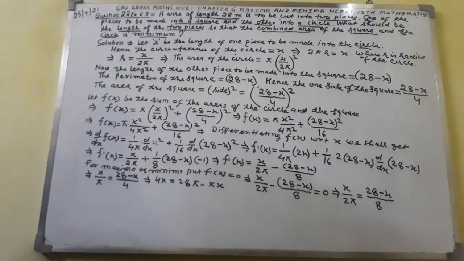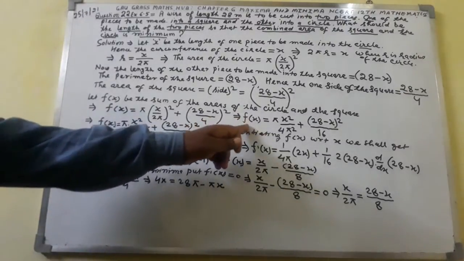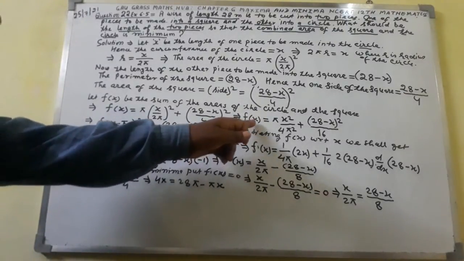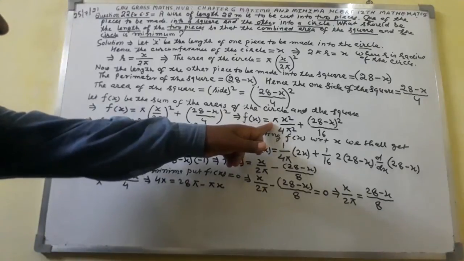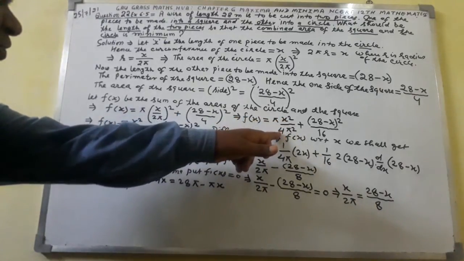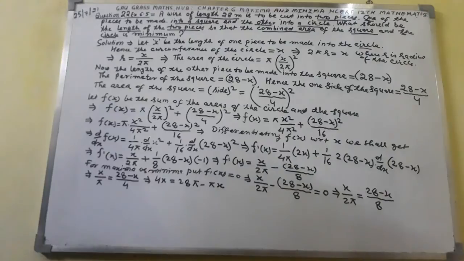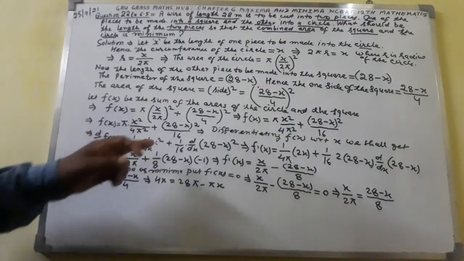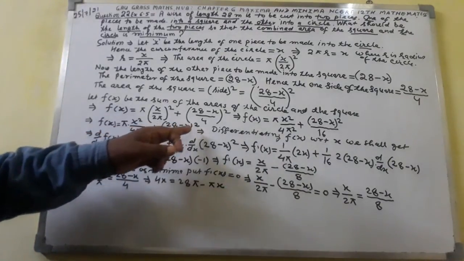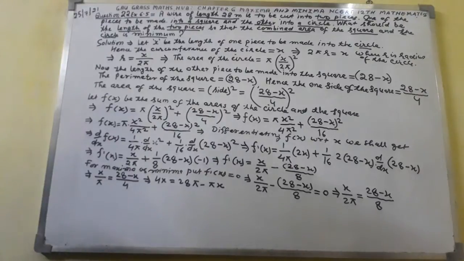Isn't it? From this place you can notice f of x is equal to pi, I have written x square whole over 4 pi square. Same thing I have written here, (28 minus x) whole square over 16 I have written.